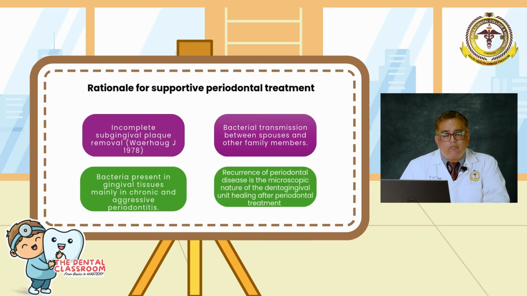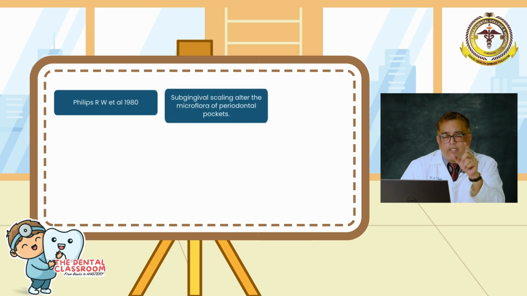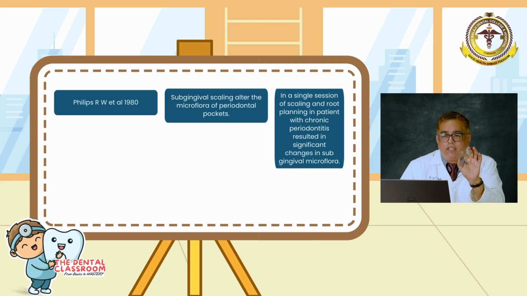According to Phillips R.V. et al. in 1980, subgingival scaling altered the microflora of the periodontal pockets. A single session of scaling and root planing in patients with chronic periodontitis resulted in significant changes in the subgingival microflora.